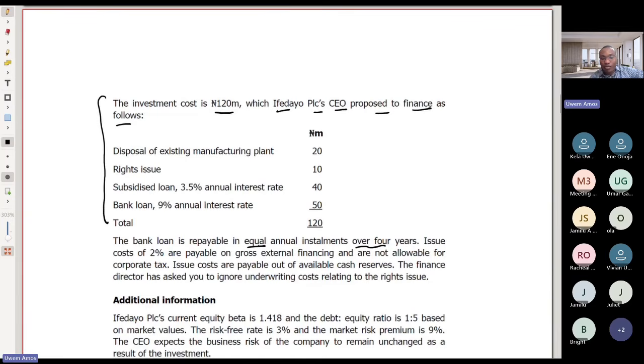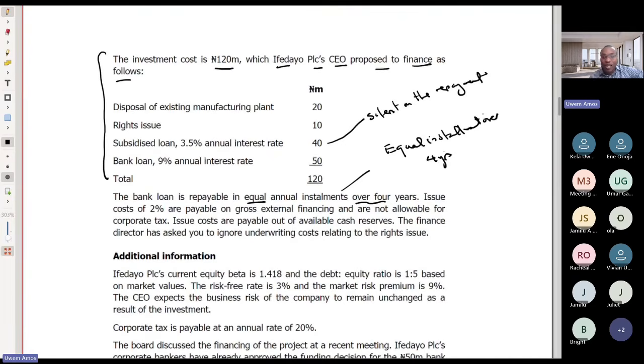The subsidized loan is silent on the repayment, so whether it is on equal installment or not, it doesn't tell us. It just tells us what the interest rate is. But the bank loan tells us equal installment over 4 years. I'm going to come back to what that means.